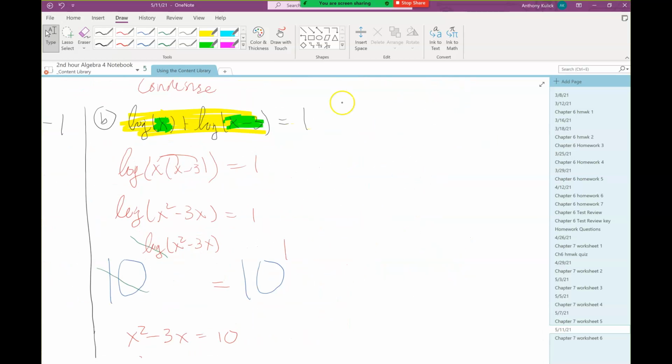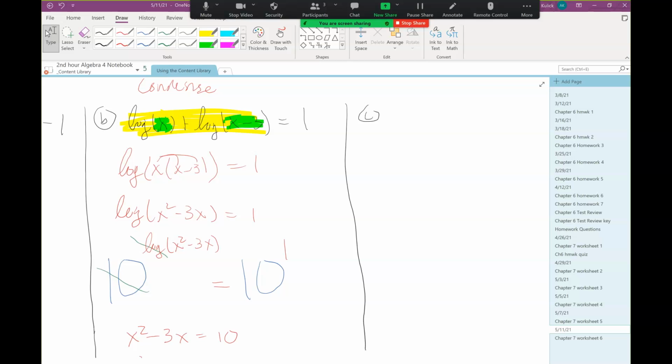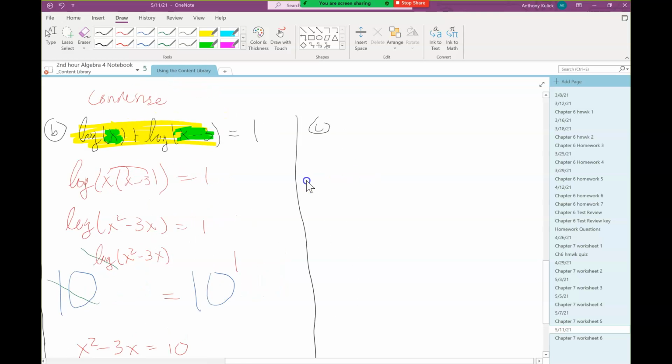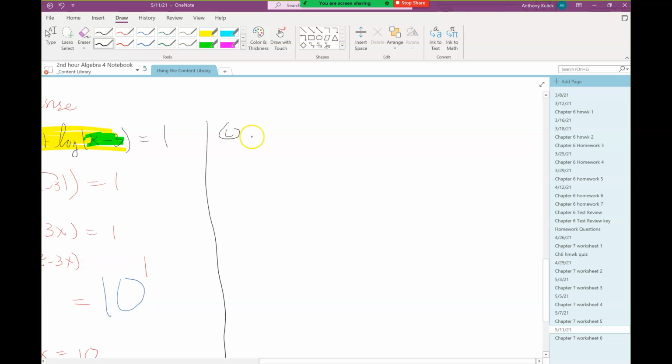All right, we have one more situation for logs, but it's actually the easiest of the three situations.